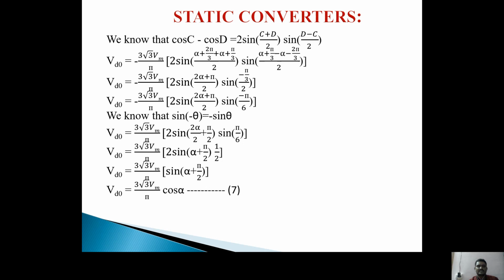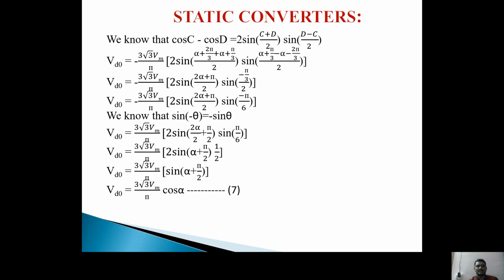So we will rewrite this equation as Vd0 is equal to 3 root 3 Vm by pi into 2 sine of (2 alpha plus pi) by 2 into sine of minus pi by 6. And we know that sine of minus theta is equal to minus sine theta.